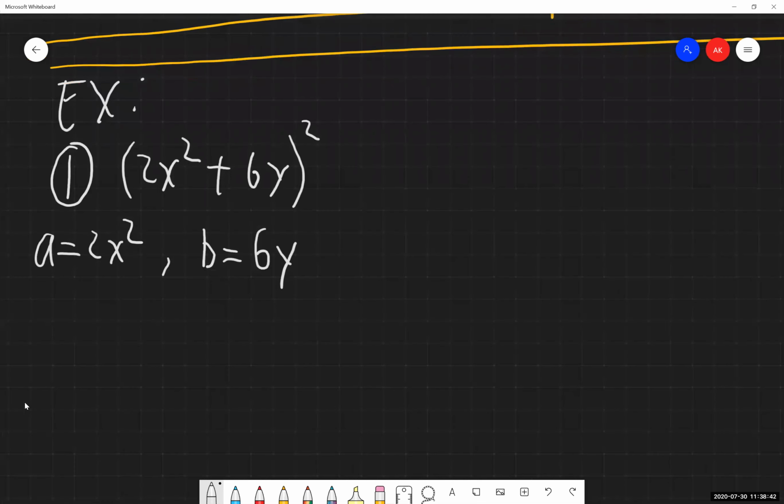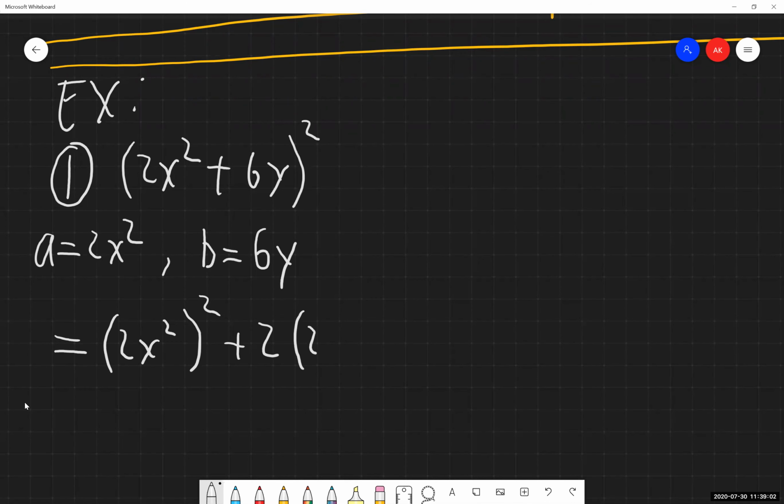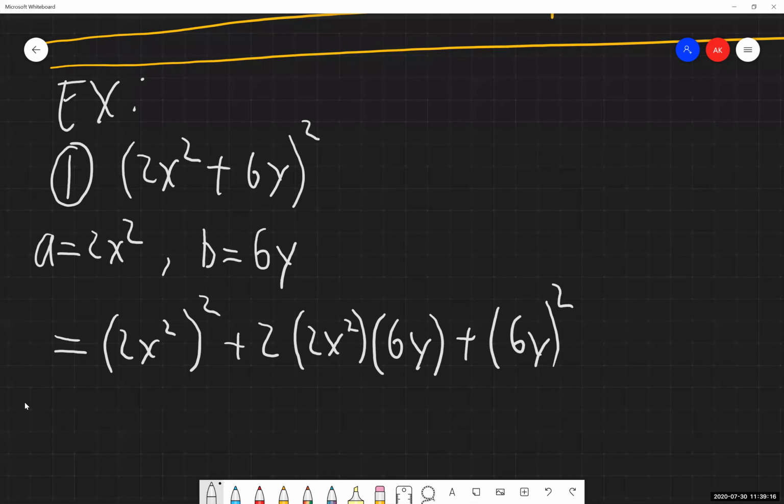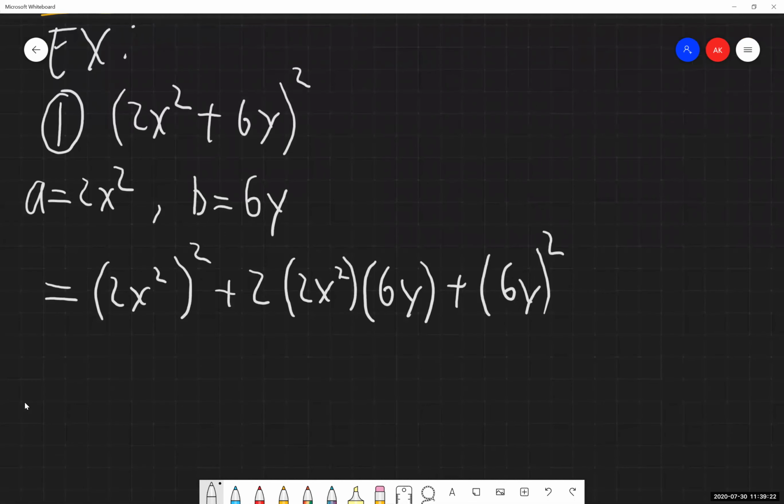So if I wanted to write that out for our specific example, I would have a squared, that's my a value, plus 2 times a times b, plus b squared. The b value is 6y, and I'm squaring it. And from here, now we simplify everything down and we can get to our final answer.